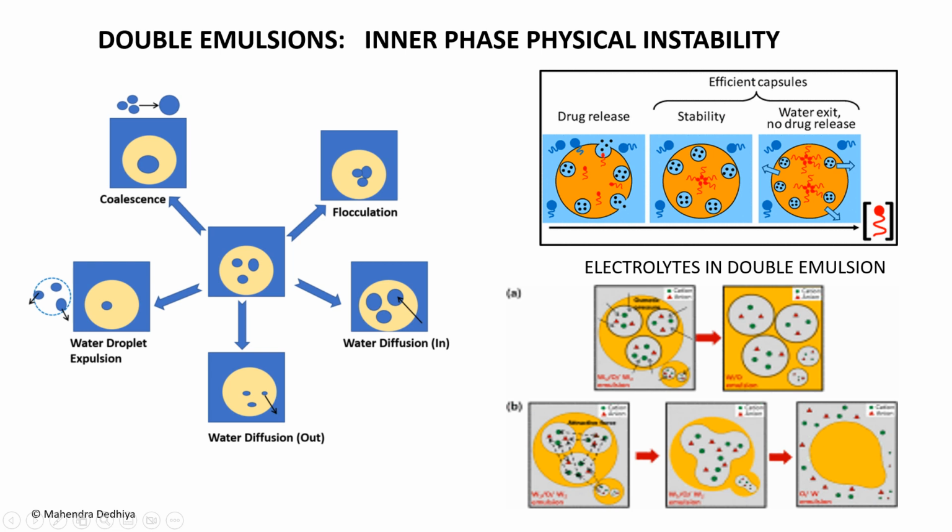Inner portions of the water start diffusing inside the oil phase, and the internal globules increase in size. Water from the inner globule phase can also diffuse out, and the internal globules start reducing in particle size.